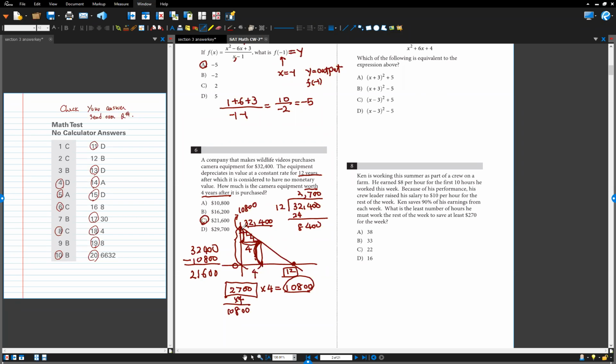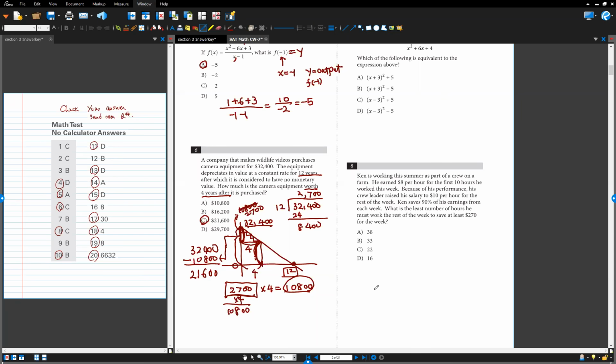You have to find the decrease for 4 years. Every year the decrease is 2,700, so the total decrease is 10,800. Okay? That is number 6.